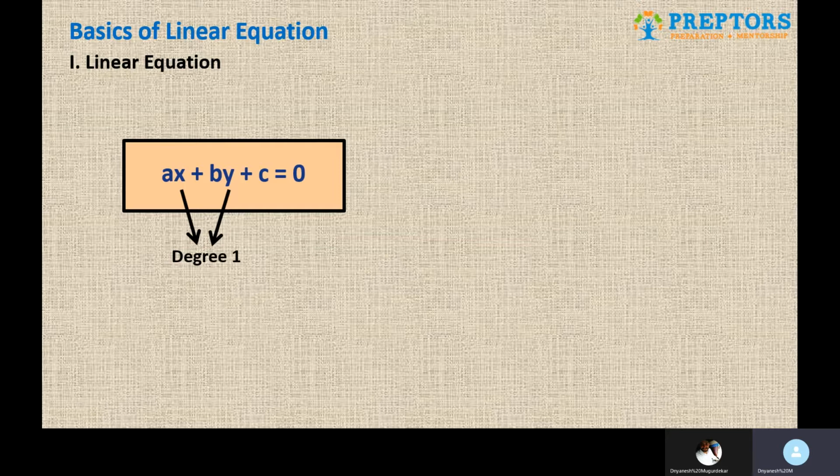Going forward, we'll be dealing with quadratic equations, cubic equations, and then higher order fourth power, fifth power equations as well, for reference. For quadratic the degree will be 2, for cubic the degree will be 3. So degree is the highest power of the variable. Remember that. So the first part is the standard form of any equation.